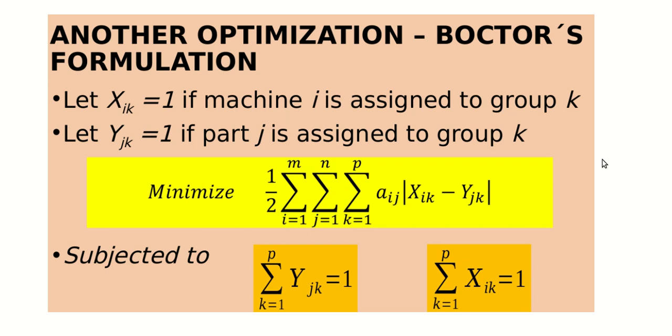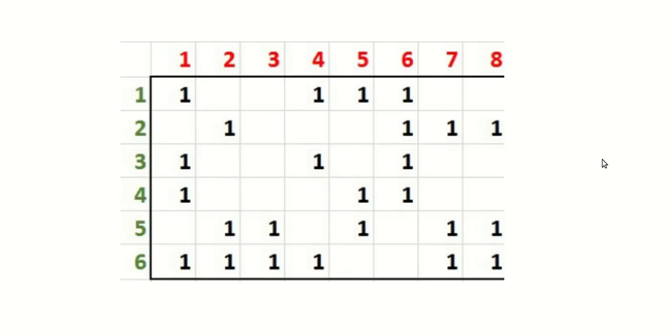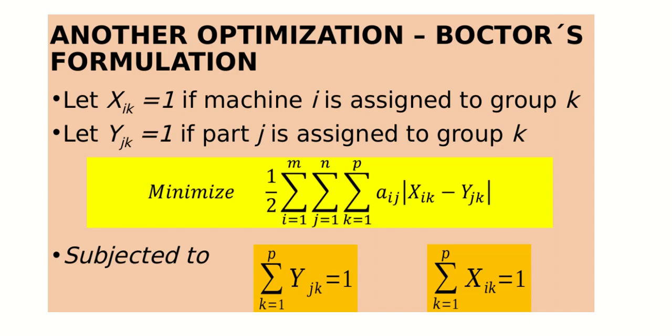So in our specific example of this 6 times 8 matrix, I goes from 1 to 6 while J goes from 1 to 8. That's the first part of the optimization problem.